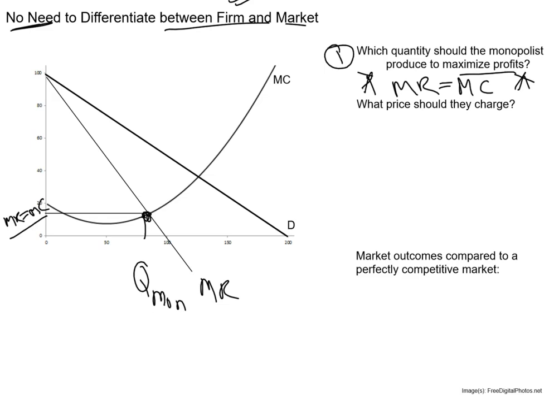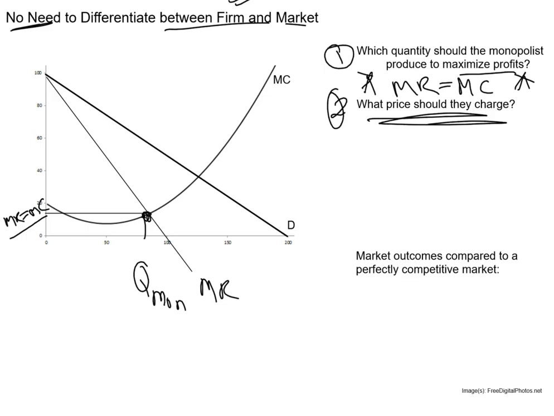Yes, that's step one, how I identify the quantity the monopolist should produce to maximize profit. But vertically, that intersection point is telling me the value of marginal revenue and marginal cost. It's not telling me, step two, the price they should charge.